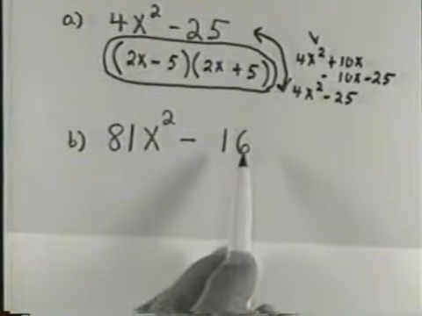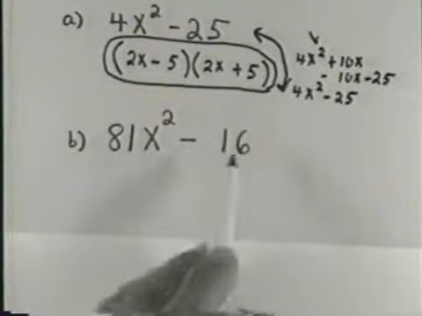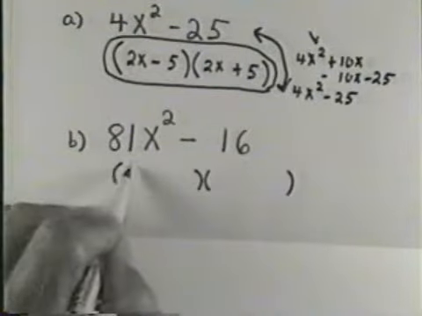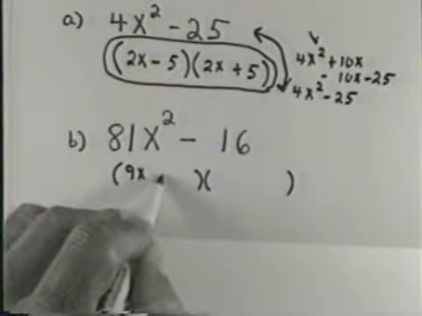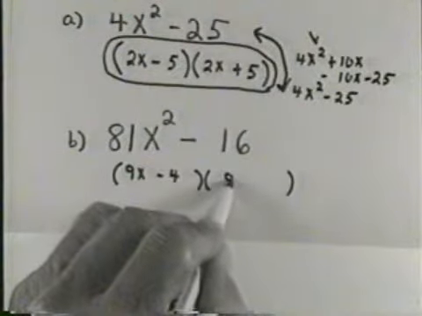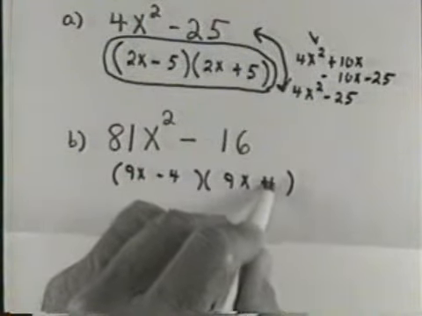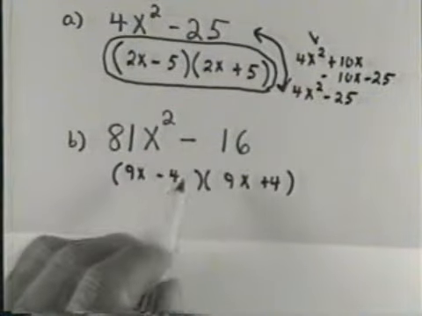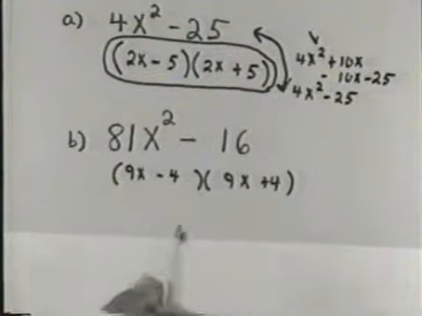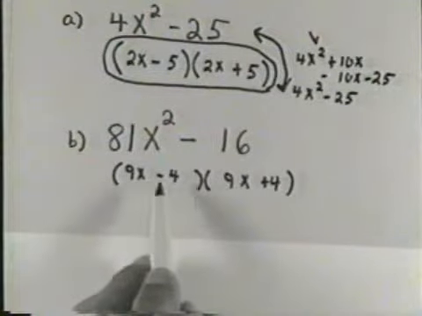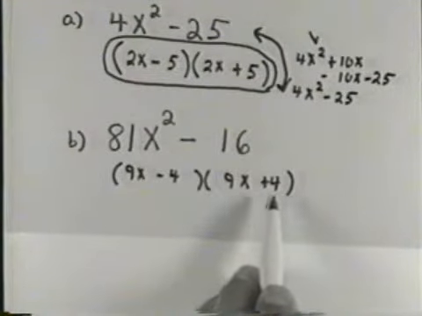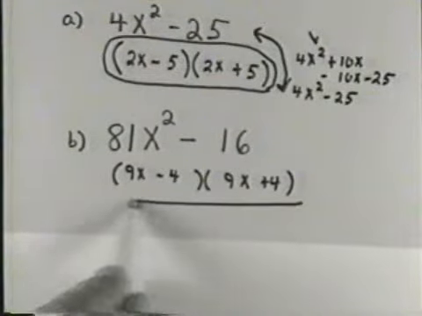After a little thought, we get 4 times 4 is 16. So 81x squared minus 16 factors into 9x minus 4 times 9x plus 4. The square root of 81x squared is 9x. The square root of 16 is 4. The square root of the first minus the square root of the second times the square root of the first plus the square root of the second.